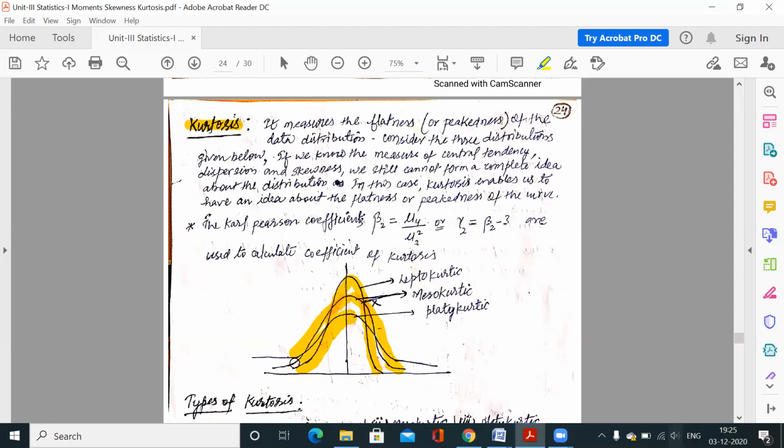And for the third also, we have a mirror image on both sides. So again, we cannot differentiate these three distributions based on skewness. We cannot differentiate them based on the measure of central tendency, the measure of dispersion, or the measure of skewness. So here the role of kurtosis comes into the picture. What does kurtosis measure?